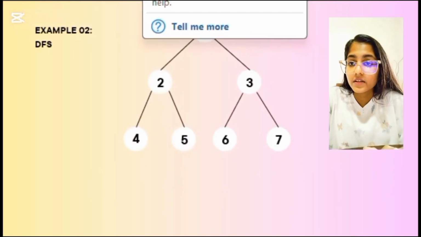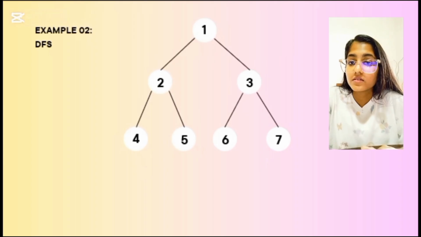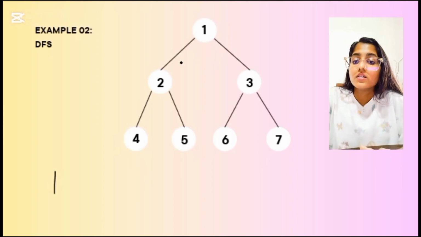Now I'll explain about depth first search using this binary tree. Binary tree is also a graph. Using a binary tree, depth first search is done like this. First you must write 1, the first node of this graph. Then you must write 2.